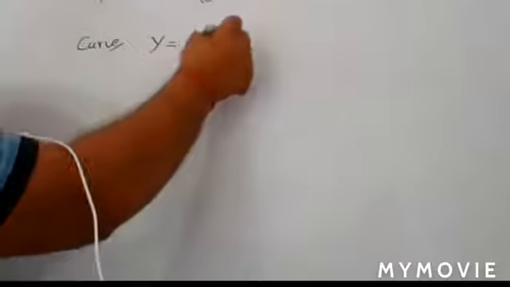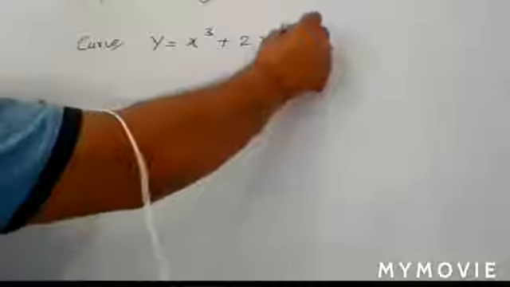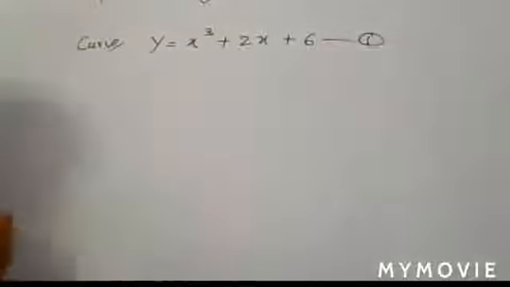Find the equation of tangent to the curve y is equal to x cube plus 2x plus 6, which is perpendicular to the line.